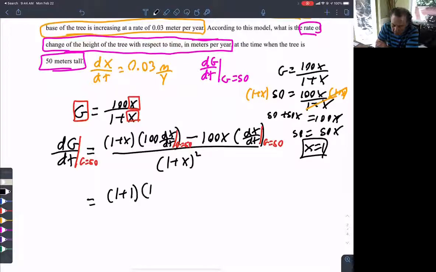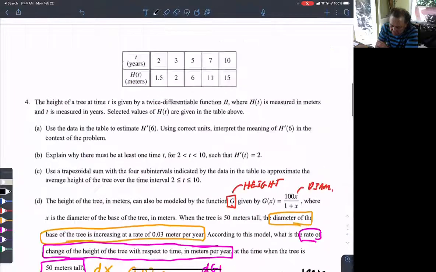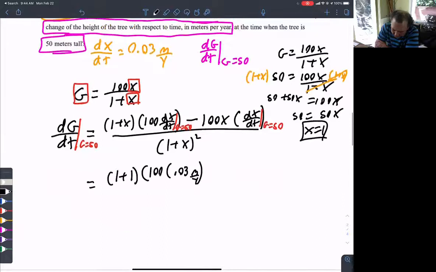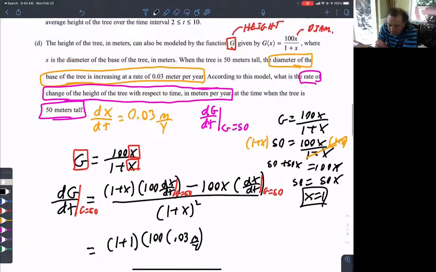X is 1. dx dt is 0.03. And this x is in meters. So I should have a meter here. Let me look back at what these are.